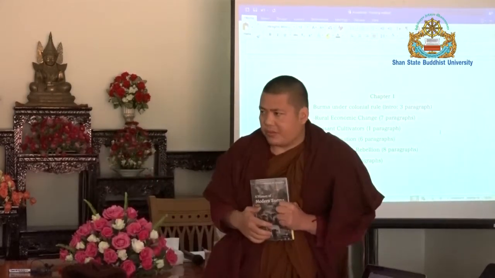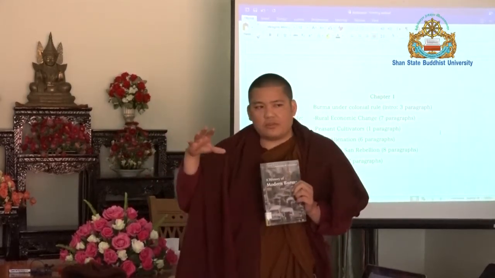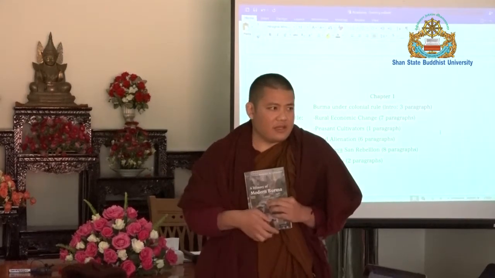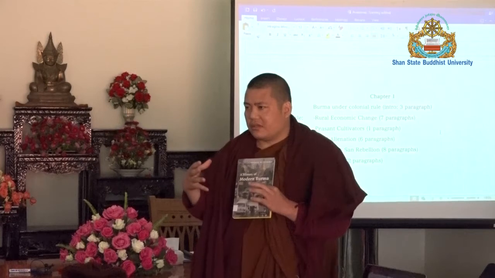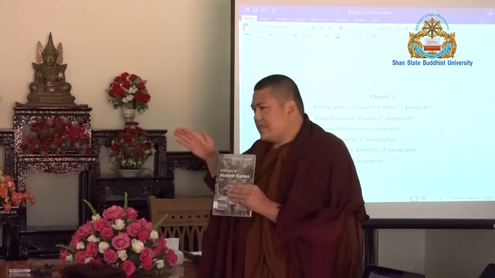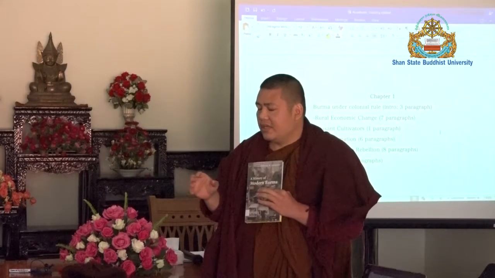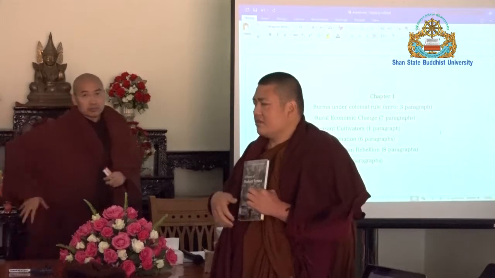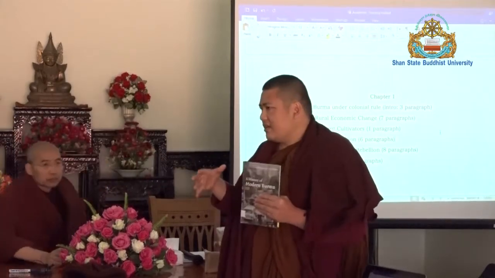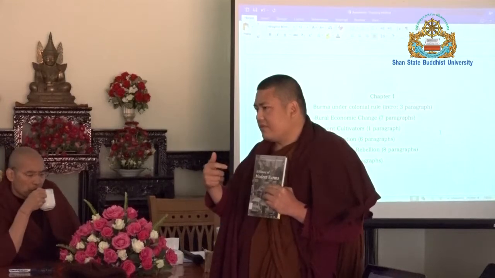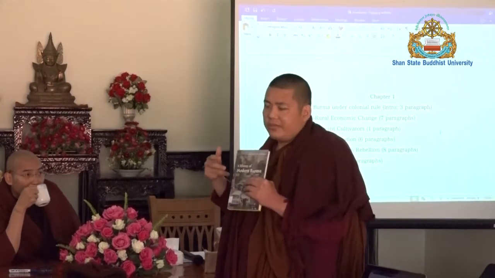And the other thing is rural economic change, because during the Burmese monarchy, the farmers were not the owners of the land; it all belonged to the king. But during the British time, if you worked on the farm more than 10 years and paid the tax, the land belonged to you, and the rice you grew was no longer for your own family, it was for business.